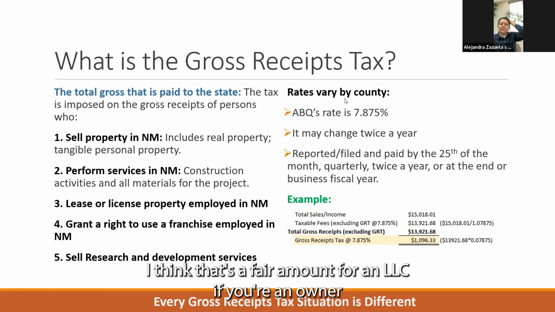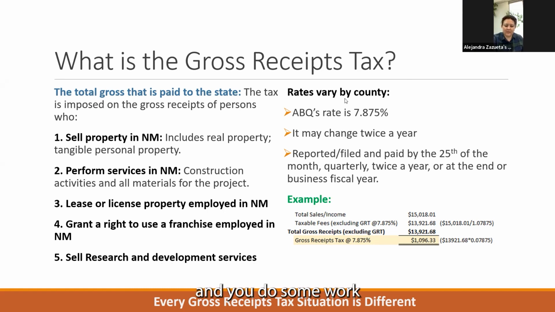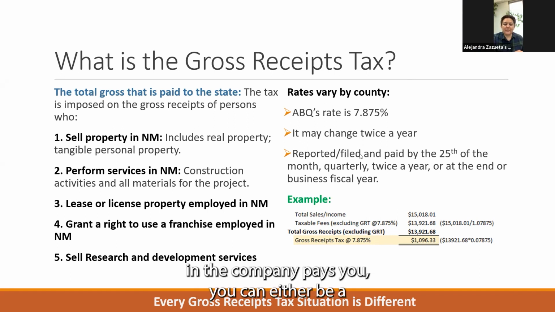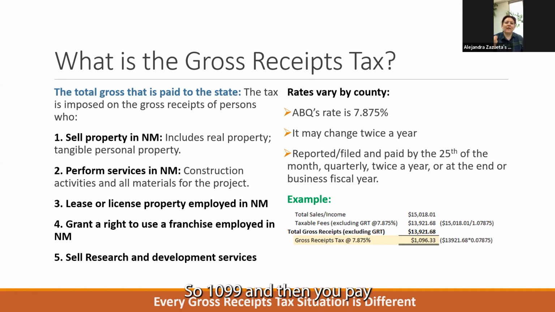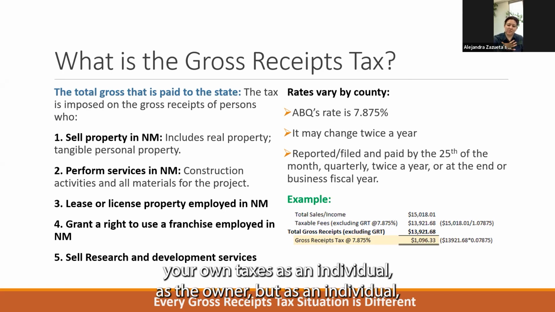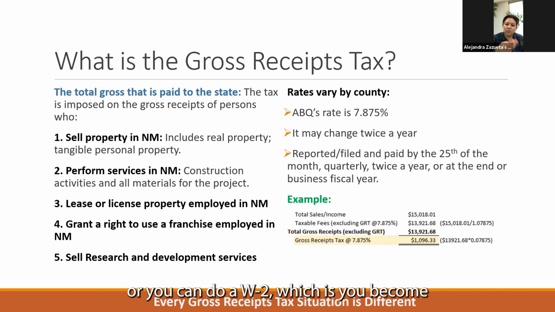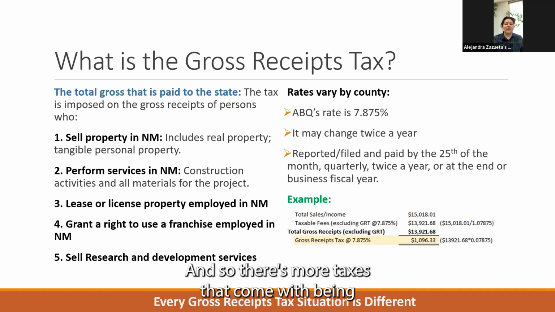If you're an owner and you do some work, and the company pays you, you can either be a contractor, so a 1099, and then you pay your own taxes as an individual, or you can do a W-2, which is you become an employee of your own company, and then you pay your federal tax and your FICA.